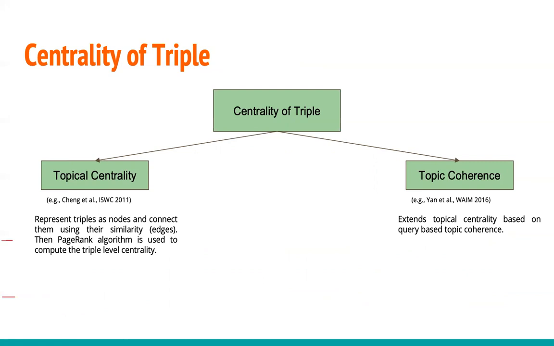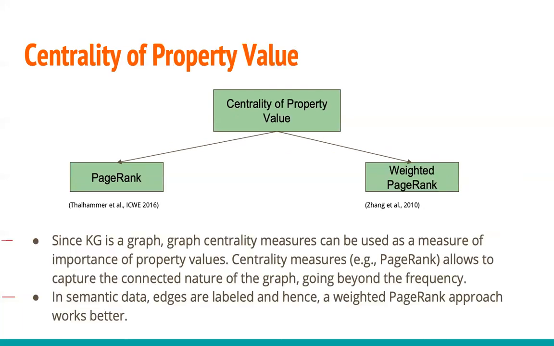And then another variation, as we looked at earlier, is the centrality of a property value. That means taking the value and representing it as a node in a graph and then running PageRank, similar to a web page.